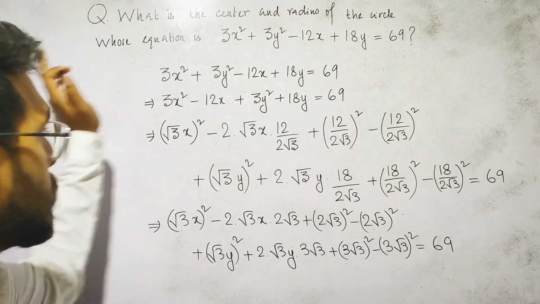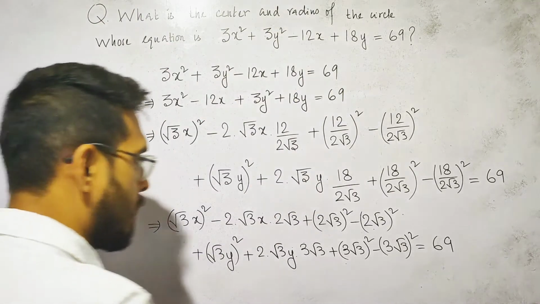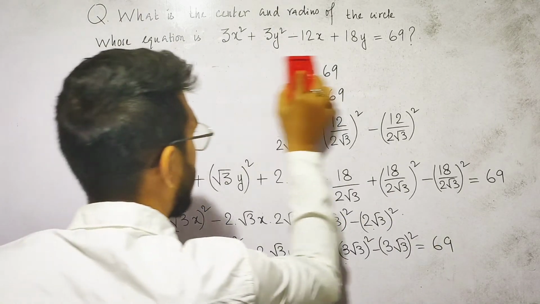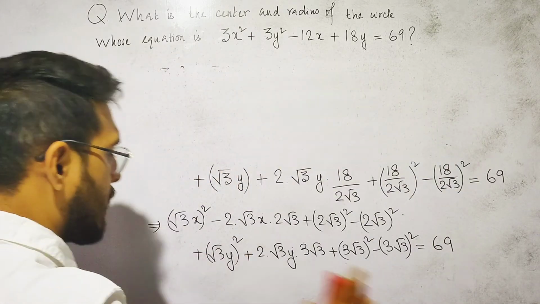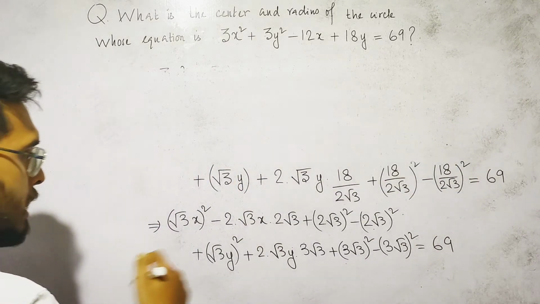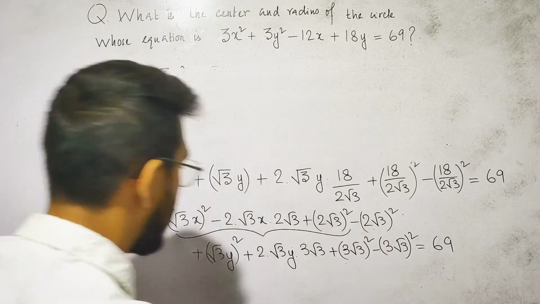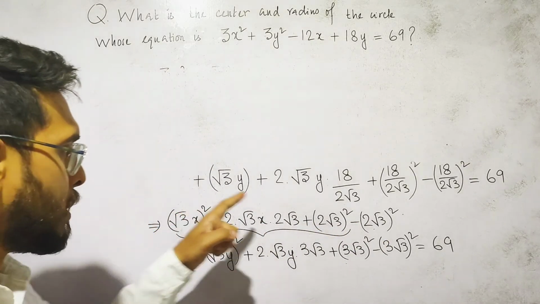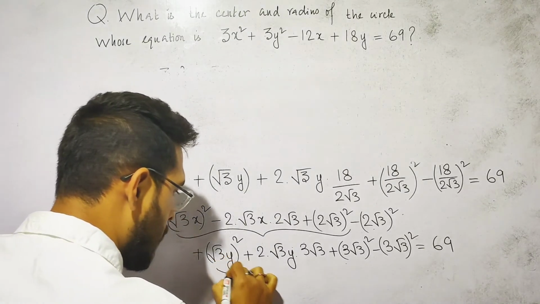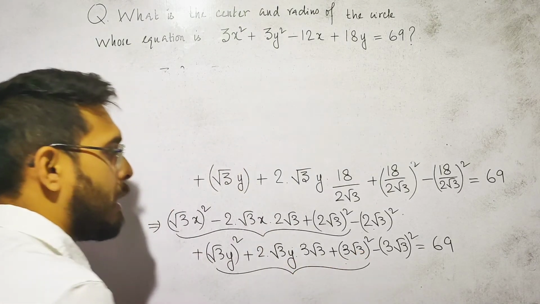Now I'm going to remove this first part. I hope you have already written this stuff. So now what we can do here, see this part, it is like a minus b whole square, and this part is like a plus b whole square.